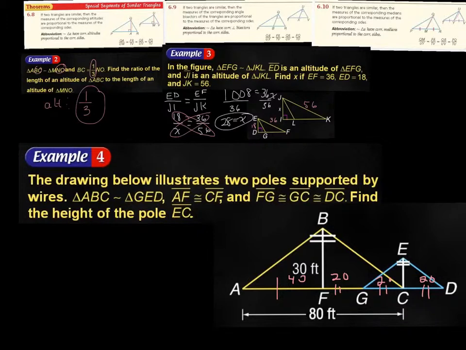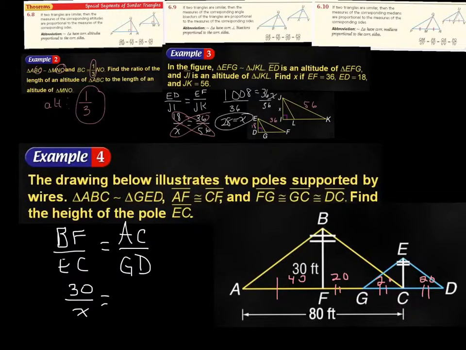Okay, so our proportion is going to be BF is to EC. So we've got pole is to pole, as AC, that's the whole base of our triangle, is to GD. Okay, plug in the numbers that we know. So BF is 30. EC is what we're trying to find. AC is 80.